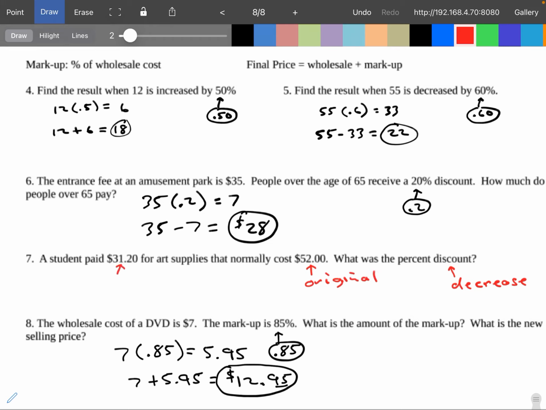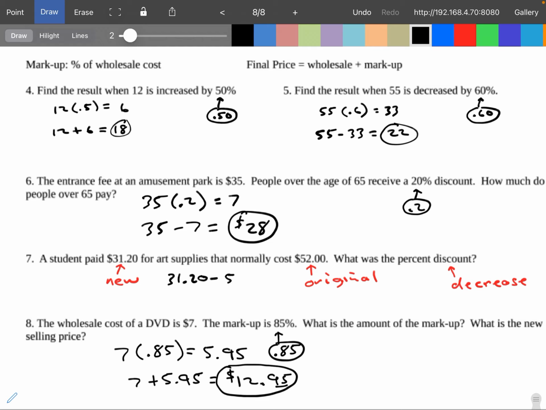So what I'm trying to say is, this was the original price right here. So that's the original. And then this is the new price. That's the sale price. So really, this one sets up just like the first 3 problems.